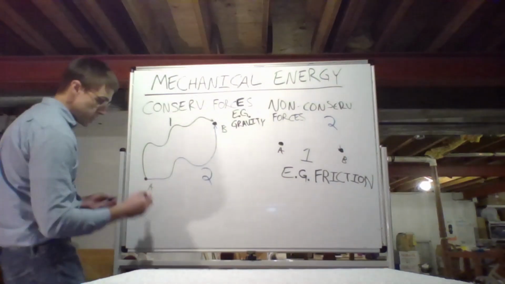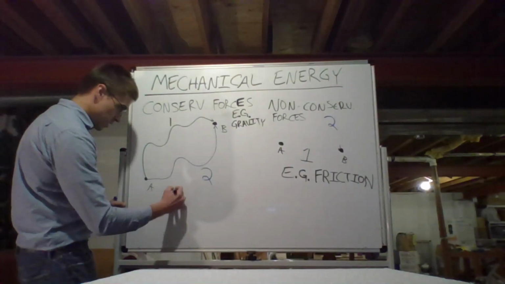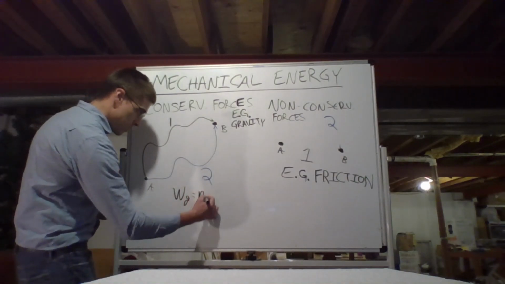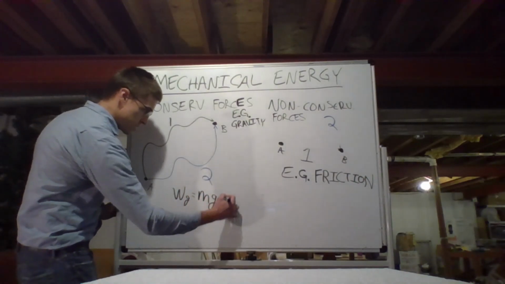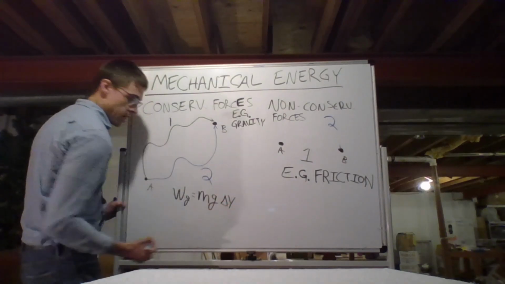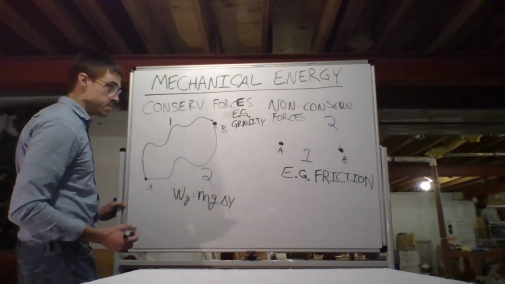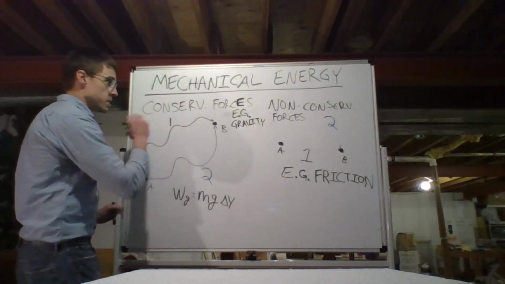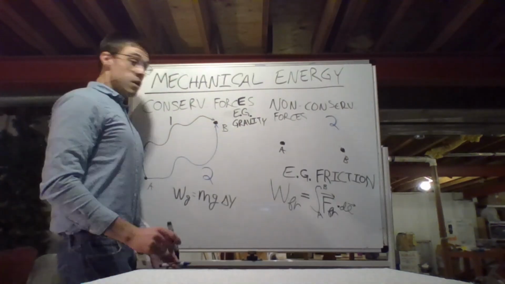Because we had talked about the work done by gravity being just m times g times that change in y, and it doesn't depend at all on the path between the two. That's what makes gravity a conservative force.